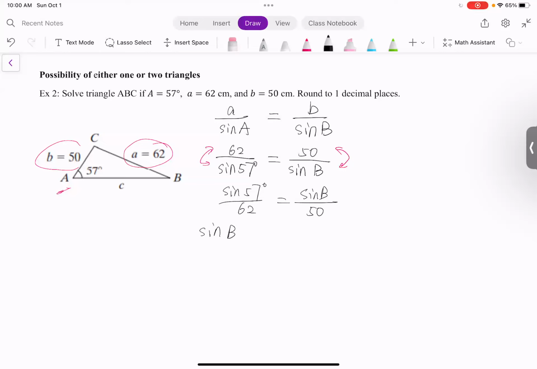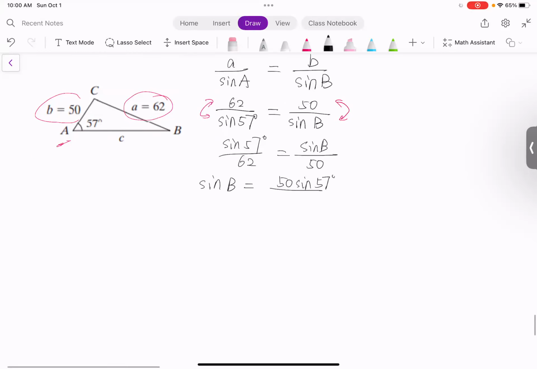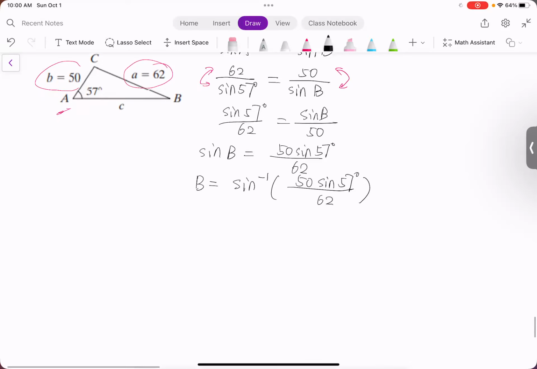Sine B is isolated: 50 times sine 57 over 62. And then I can use my inverse function to find angle B. So angle B is inverse sine of 50 times sine 57 degrees over 62.